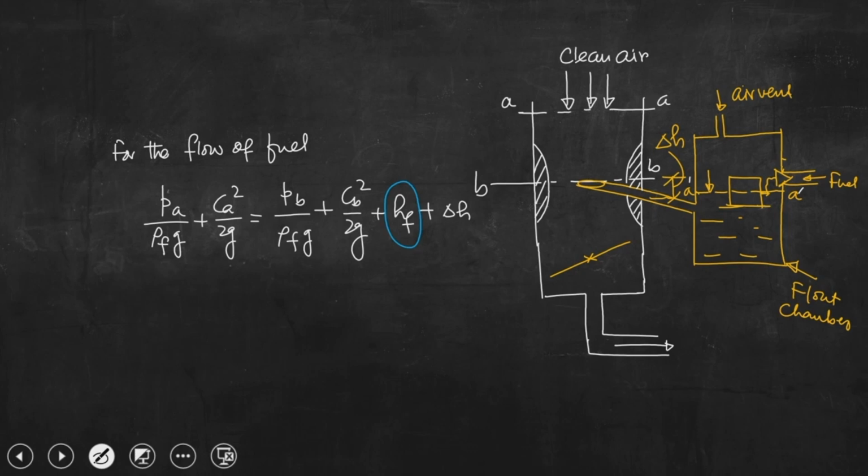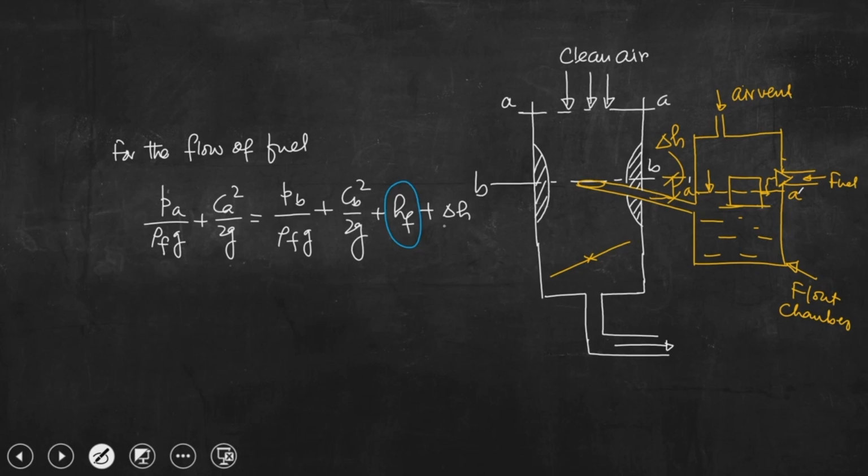Now, you are familiar with this equation because you have studied it in fluid mechanics. This is a modified form of the Bernoulli equation, because the Bernoulli equation cannot be applied for viscous fluid. So, this is valid for inviscid incompressible fluid, but here we can see that we are writing this modified with these two terms.